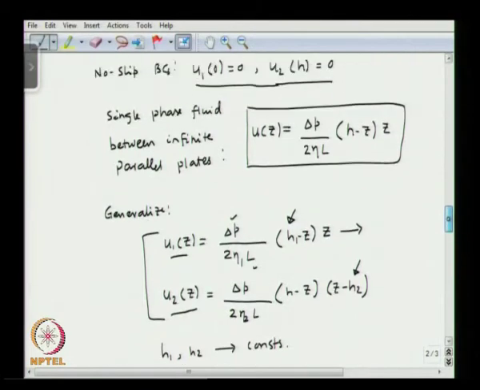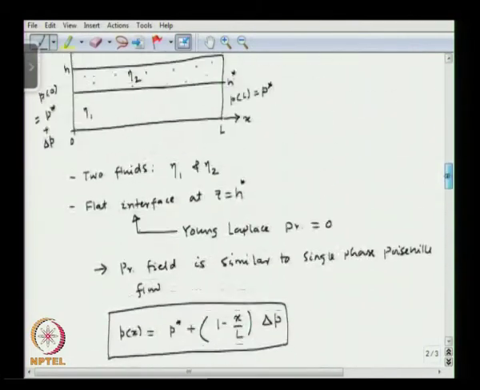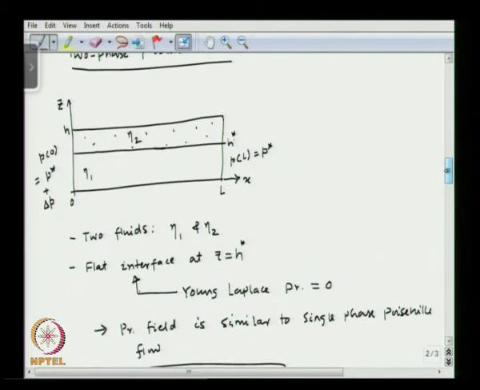If you plot how the velocity would look, here it would be increasing parabolically, and here there will be a discontinuity in the velocity profile where the gradients are going to be different. So, the slope of the profile is going to change here.